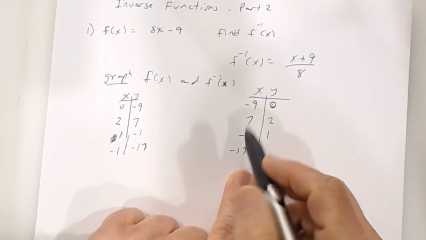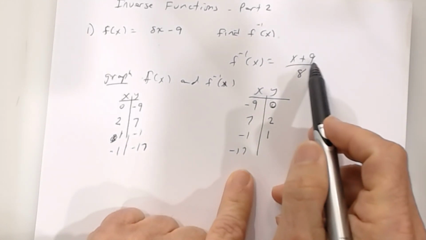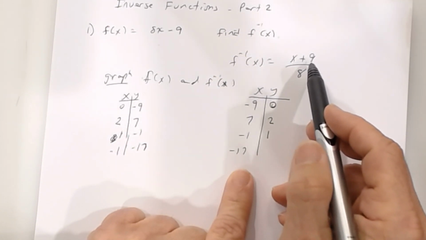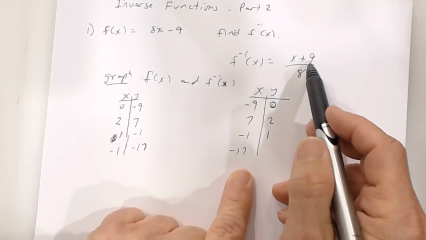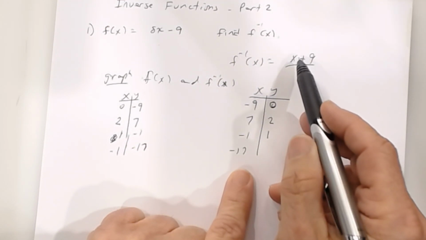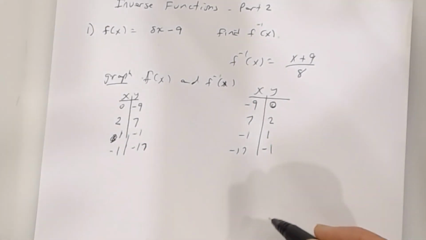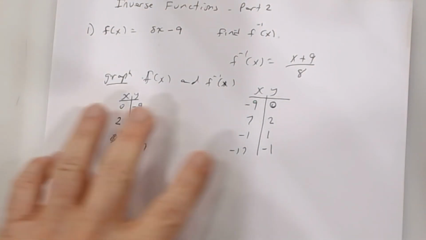All right, and then negative 17. What's negative 17 plus 9? Negative 8. Negative 8 divided by 8? Negative 1. Okay.